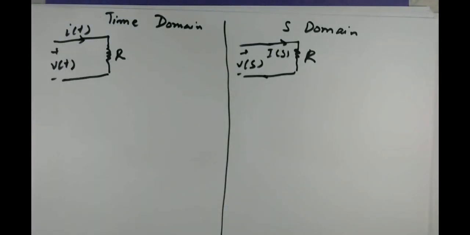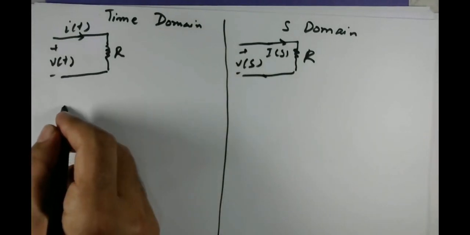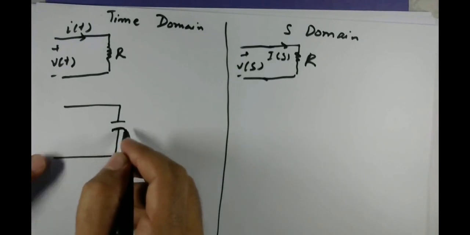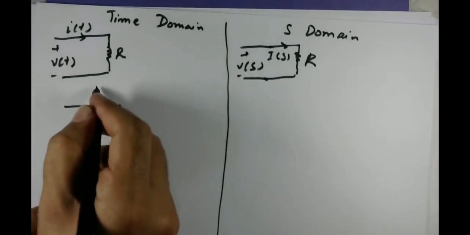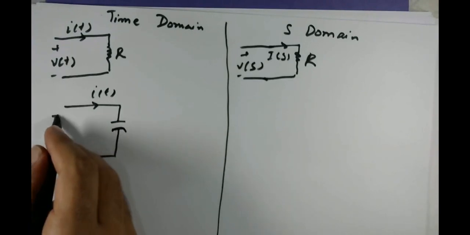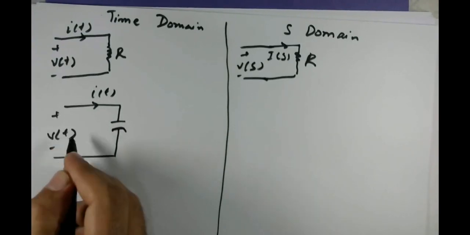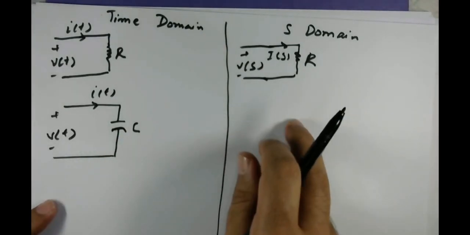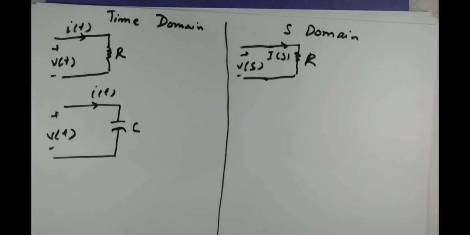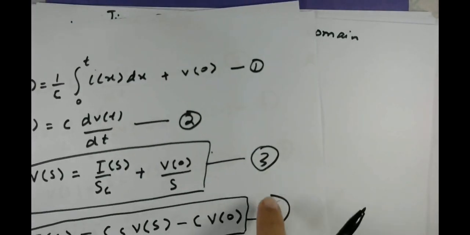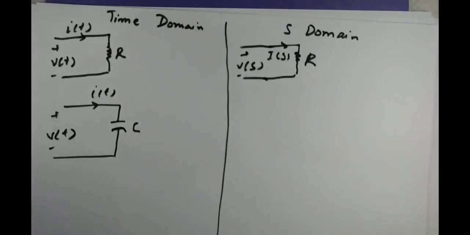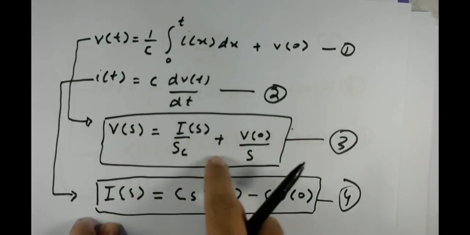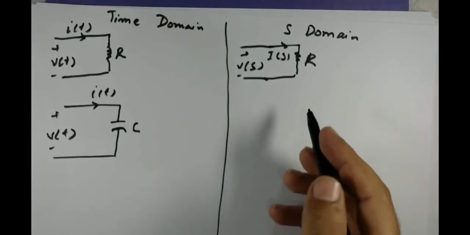Okay, now for capacitor, say you are given capacitor in time domain, and this is your time domain current across this capacitor, and this is the applied voltage in time domain, and this is capacitor value C. Okay, so equivalent in S domain will be, you can use the equations we just derived in equation 3 and 4. Okay, so we can simply transform this equation into circuit. Okay, so that's what I'm going to do.